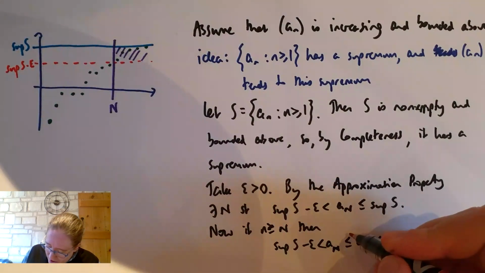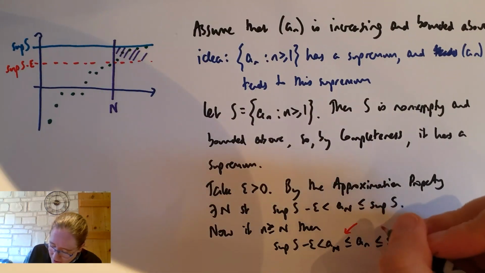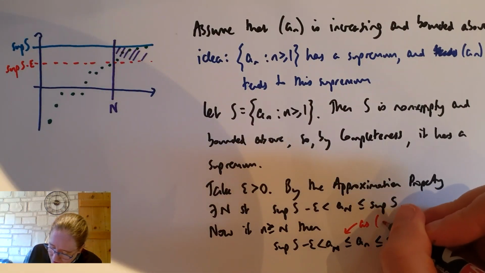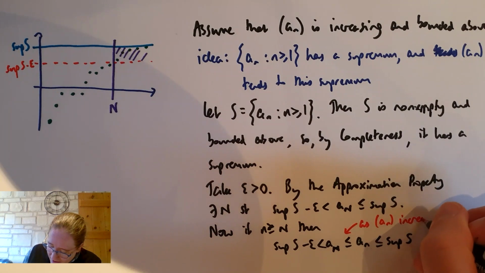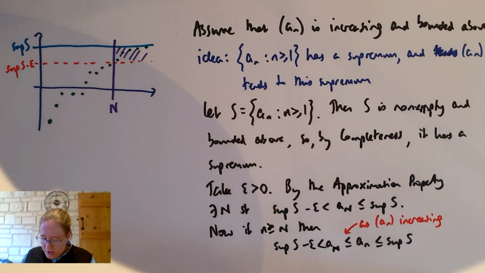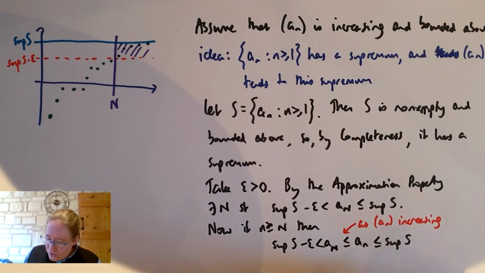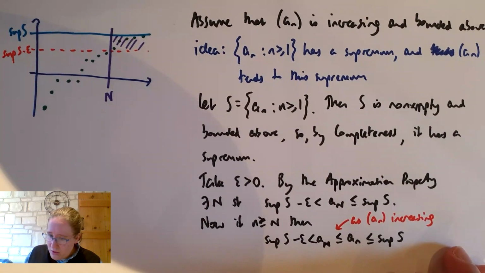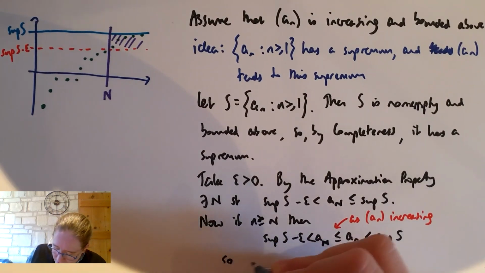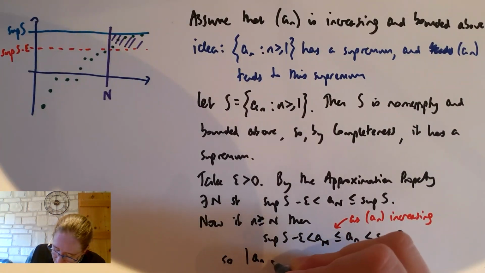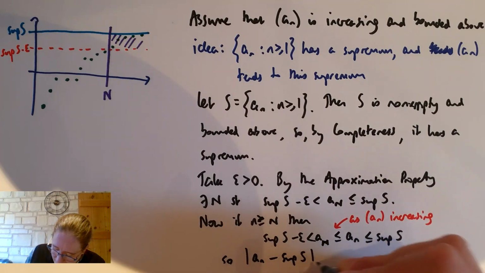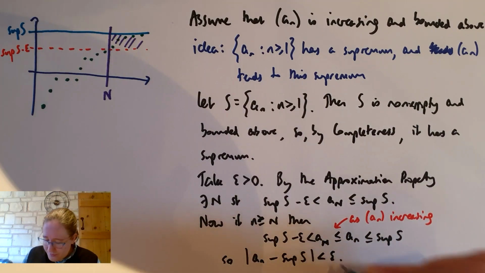I'll just draw to highlight that A capital N is less than or equal to A n. This is because the sequence A n is increasing. Just trying to highlight where we've used that. And from this string of inequalities, we see that A n minus sup S is then less than epsilon.